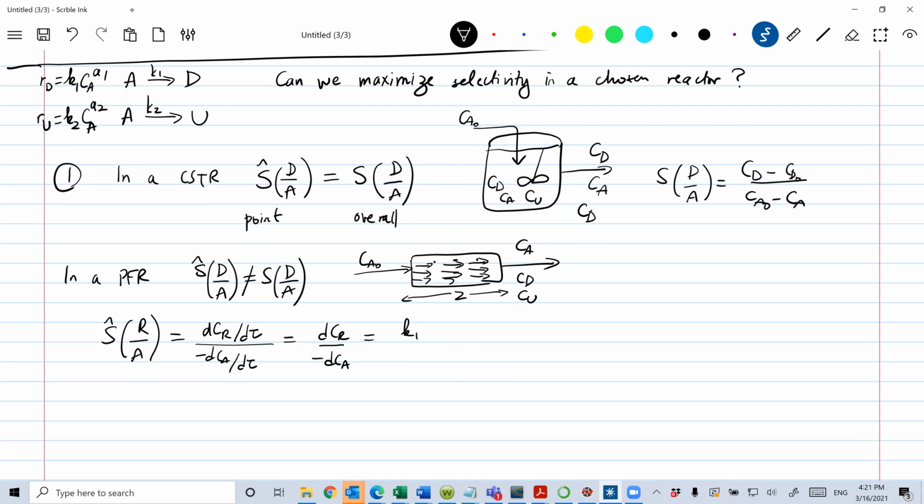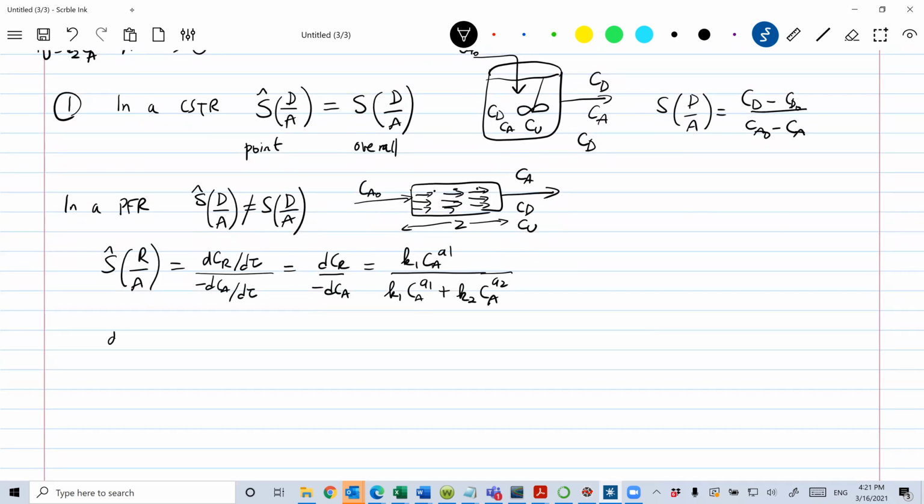So that's equal to K1 CA to the power of A1 over K1 CA to the power of A1 plus K2 CA to the power of A2, right? That's just putting that. And you can now say, okay, so dCD, you can put dCA on the other side, is minus K1 CA^A1 over K1 CA^A1 plus K2 CA^A2 times dCA.